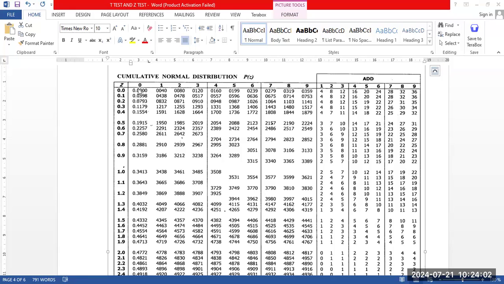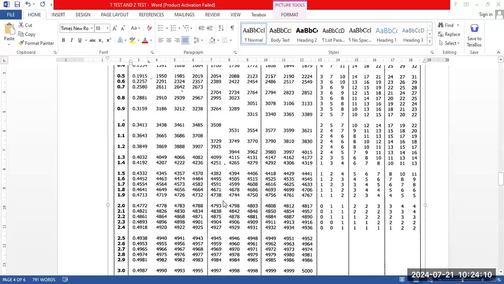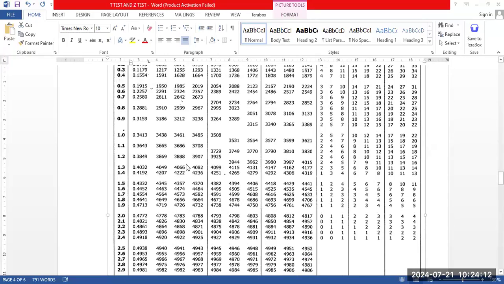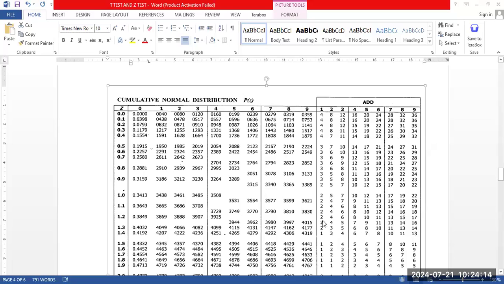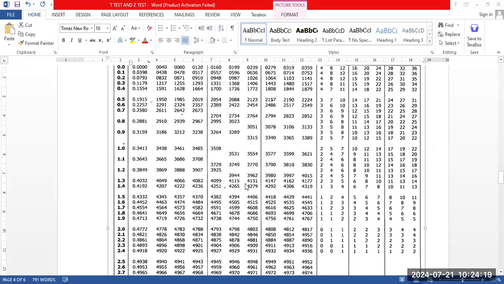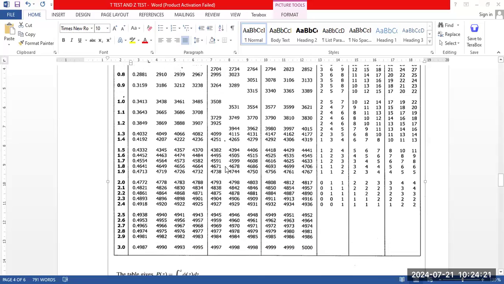475. So you come here, you observe the probabilities you have, and you look for where you have 475. From all these values, from here up to here, which value is 475?